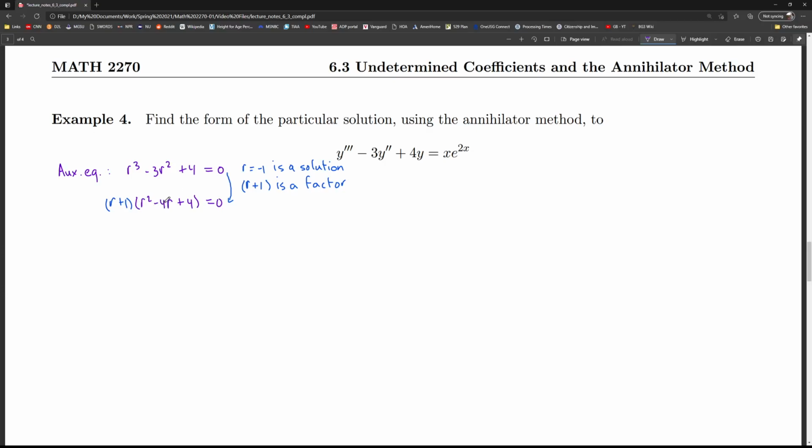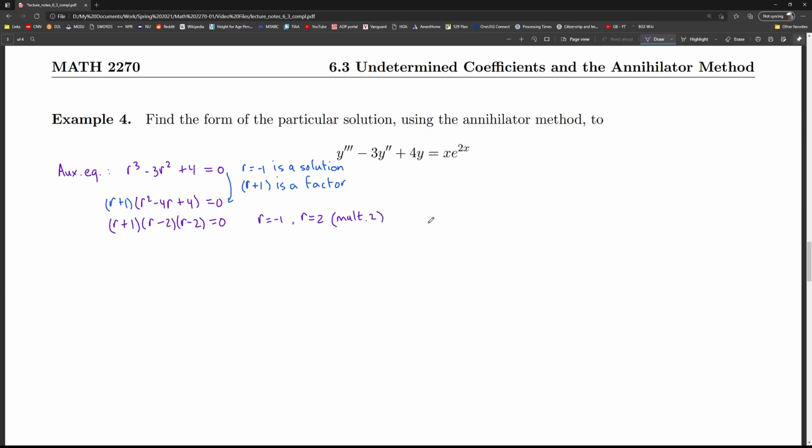And that is something that factors as follows. That's r minus 2 times r minus 2. So we've factored this completely. And so now we see we have r equals negative 1 is a root, and we have r equals 2 with multiplicity 2.